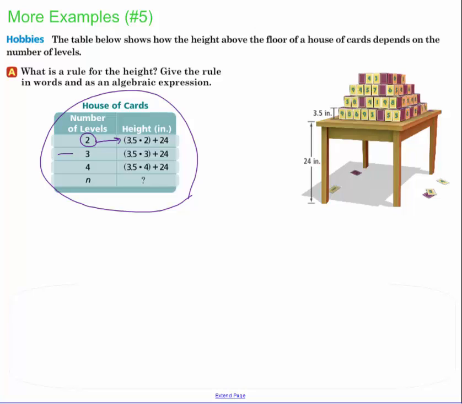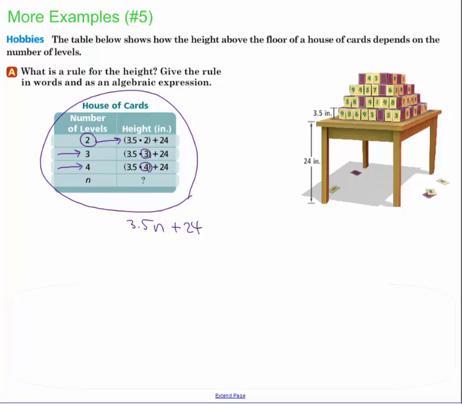And when the number of levels is 3, we take 3 and multiply it by 3.5 and add 24. And then when the number of levels is 4, we take 4 and multiply it by 3.5 and add 24. So if the number of levels is n, it feels like we should take n, multiply it by 3.5 to get 3.5n, and then add 24.